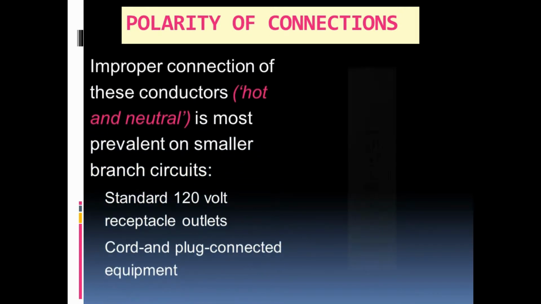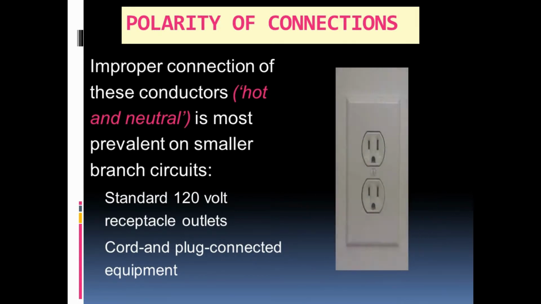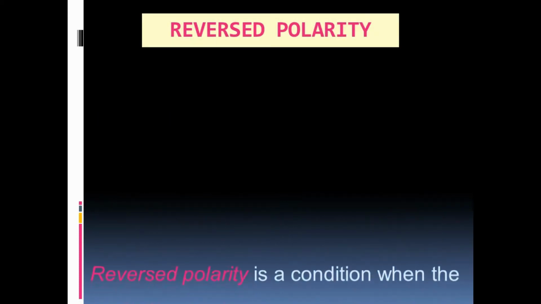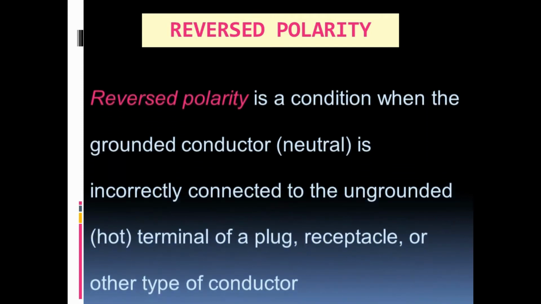Improper connection of these conductors, hot and neutral, is most prevalent on smaller branch circuits, standard 120 volt receptacle outlets, and cord and plug connected equipment. Reversed polarity.